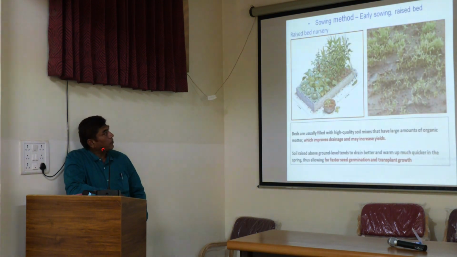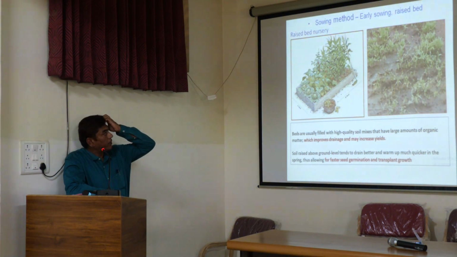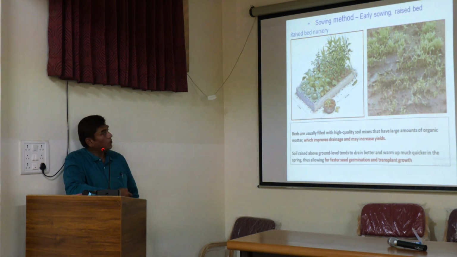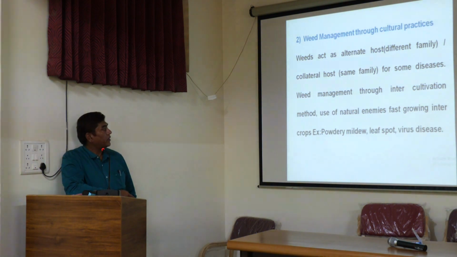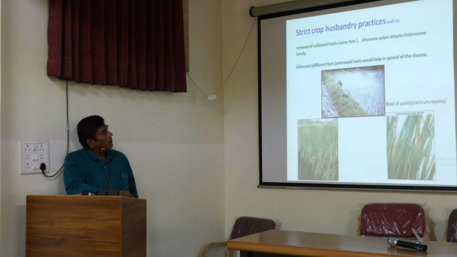One more method in cultural practice is the sowing method, which includes early sowing and raised beds. As you know, the importance of raised beds. Weed management, as you know, weeds act as alternate hosts and also collateral hosts for many diseases. Weed management is done through intercultivation, use of natural enemies and fast-growing intercrops.